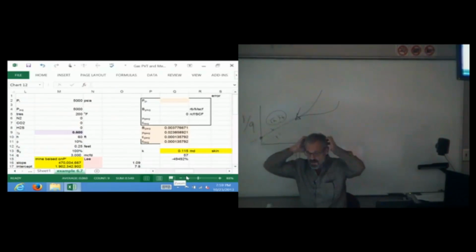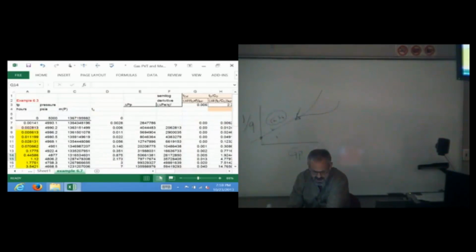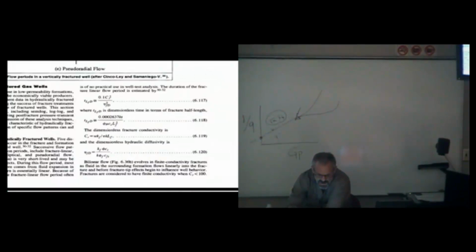And with any of these matches, you can directly solve for those parameters. This was some kind of error formula. Okay, let's calculate fracture half-length directly using the books and the techniques in the book. Let's go ahead and copy our equation.